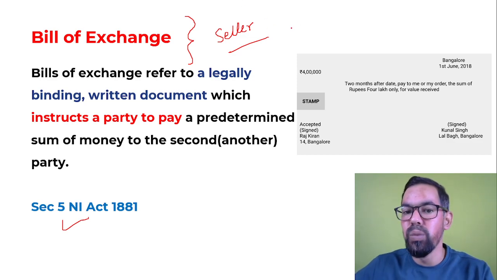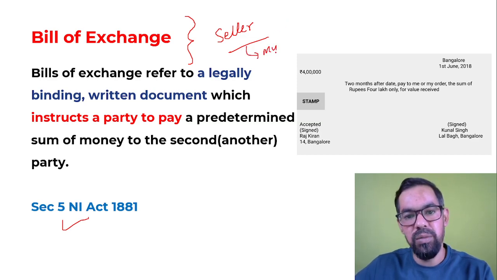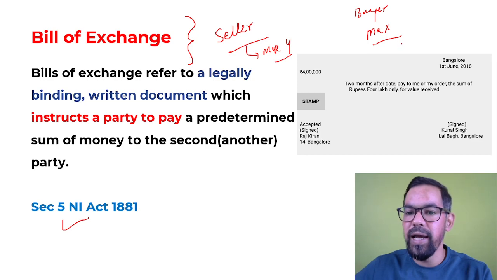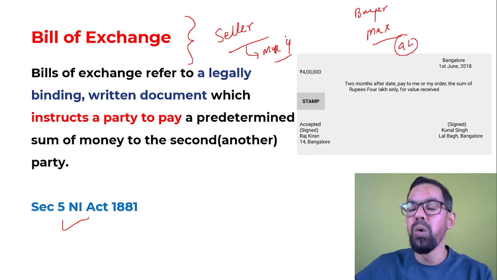So we have two parties. Let's say the seller is again Mr. Y, and the buyer is Mr. X, who buys let's say 4 lakh rupees of goods from Mr. Y.